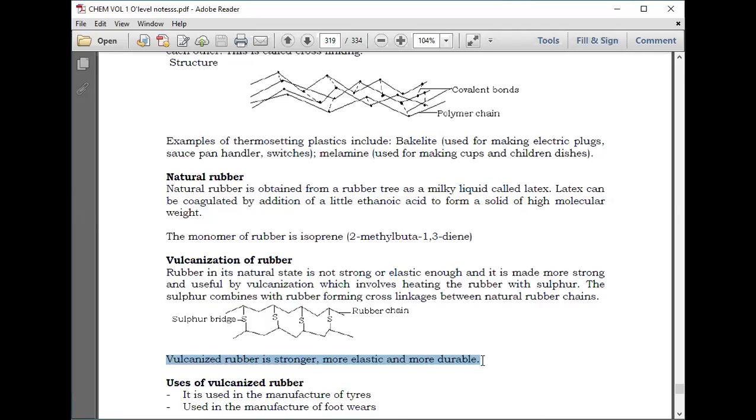So vulcanized rubber is rubber which has been heated strongly with sulfur. So we heat rubber with sulfur to make it stronger, to make it more elastic, and to make it more durable. That is vulcanization.